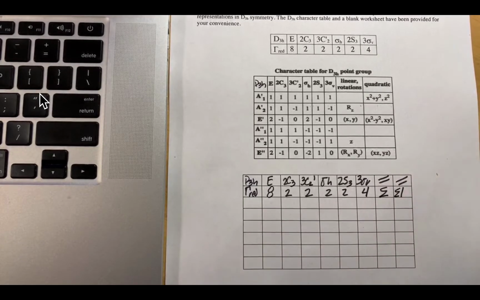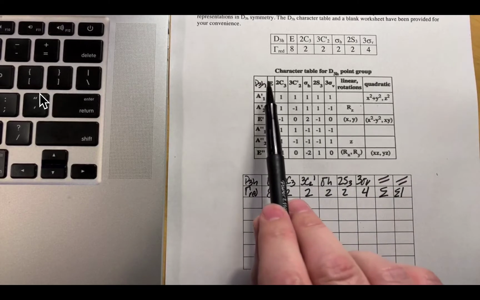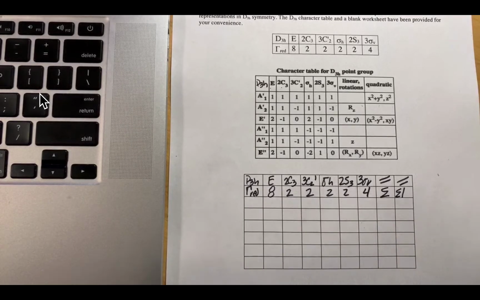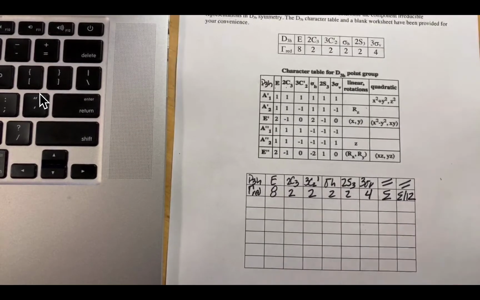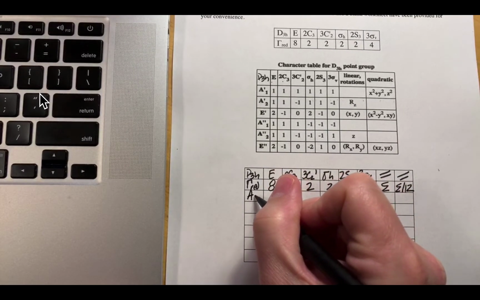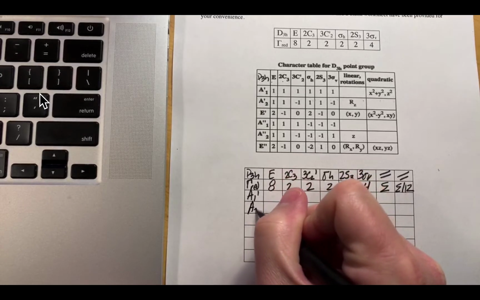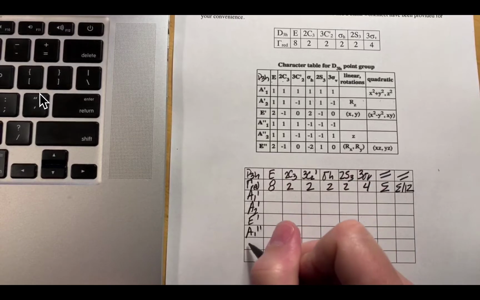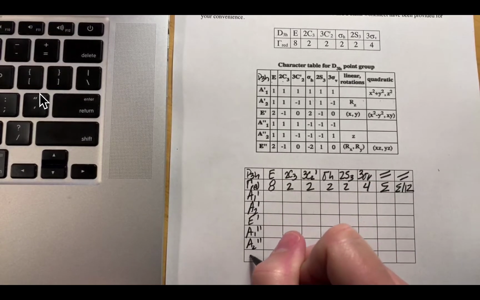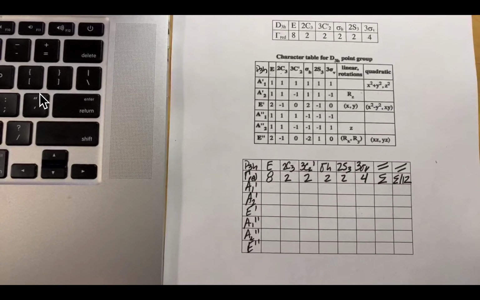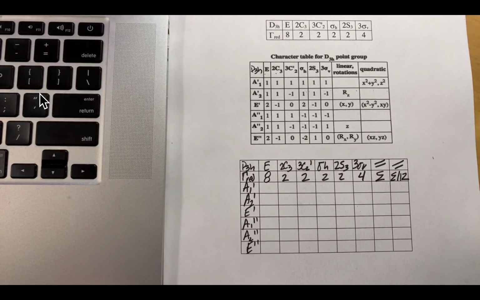I need to figure out the order of my group. So 1 plus 2 plus 3 plus 1 plus 2 plus 3, that's a total of 12. Whatever I get for a sum down here, I'm going to divide it by 12. I'm going to write my irreducible representations. Okay, so from this point, we're just going to follow the pattern of the table up here.